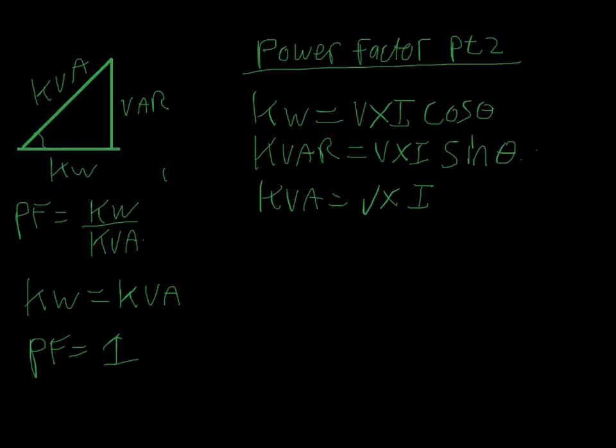Now, in all systems you're going to see the power factor is less than 1. If you have it at a big industrial site, it's usually sitting around 0.9 somewhere. So in this video, we're going to go over how you can fix some of that and what might cause it.